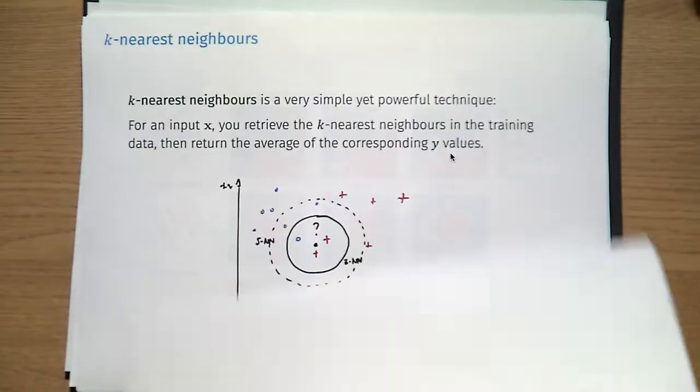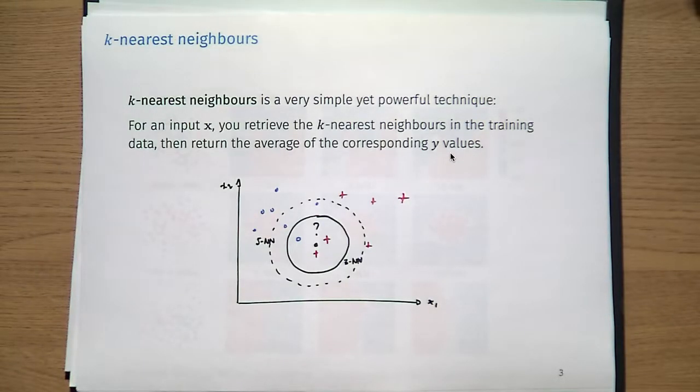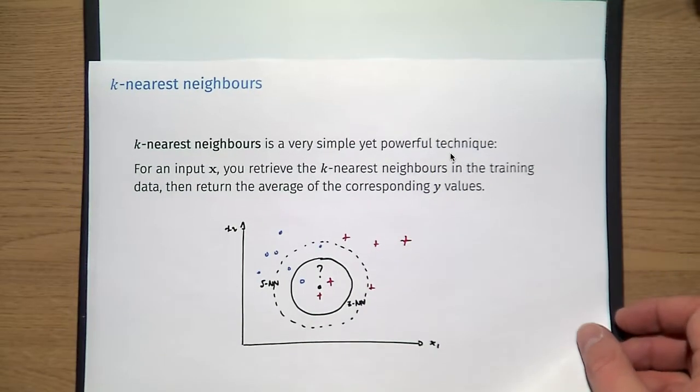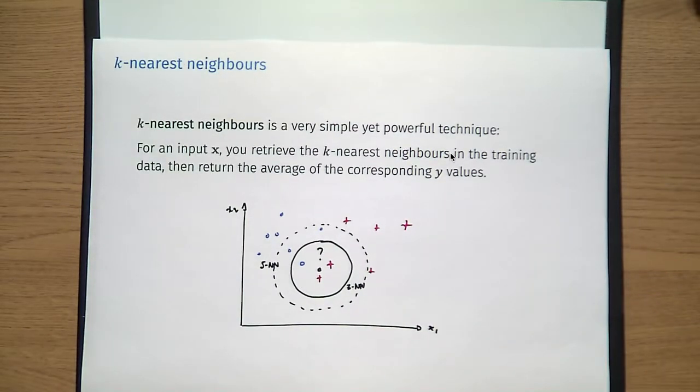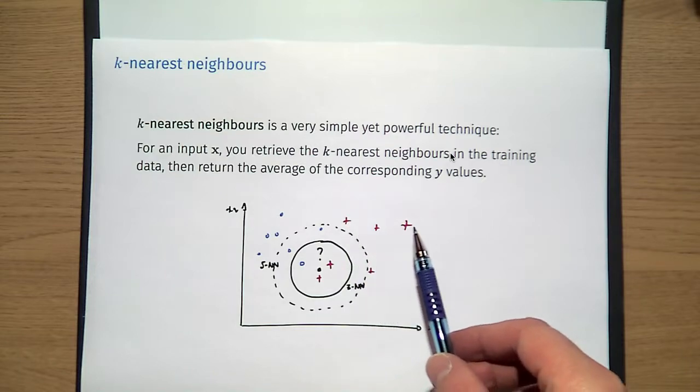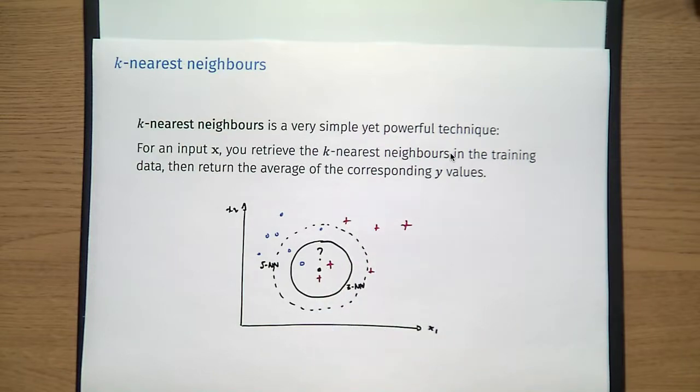Okay, so we're going to start with k nearest neighbors. K nearest neighbors is a rather simple one, and actually works well. So in this case, what we have is two classes. The red cross, or magenta cross, is class 1.